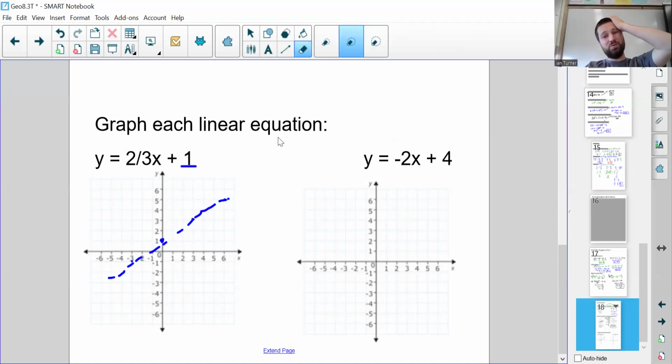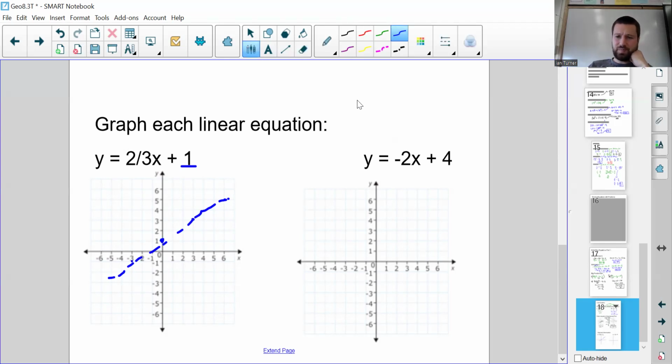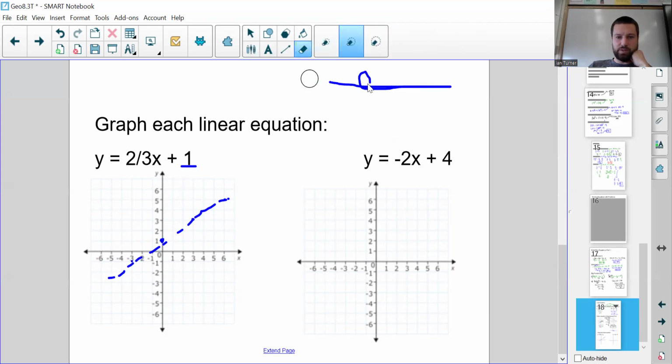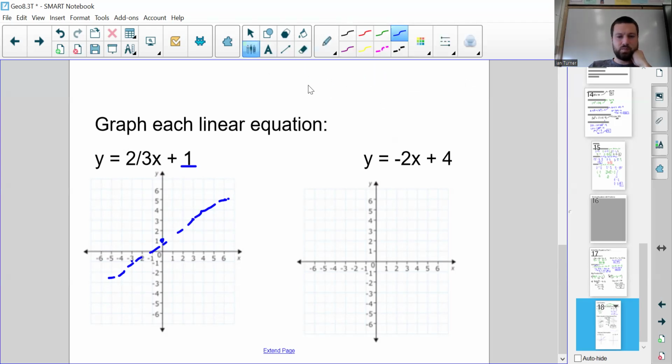Another way that might be useful to think about graphing for next year is you could make a table, okay? So we could have a little table here, and we could have our x value, and then we can have our equation, and then that will give us our y value.